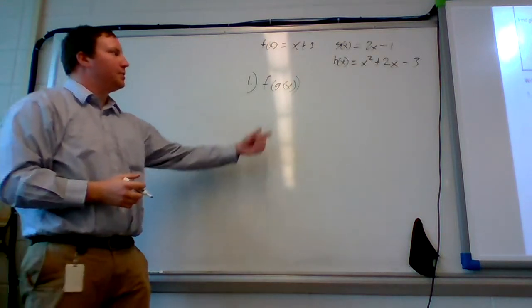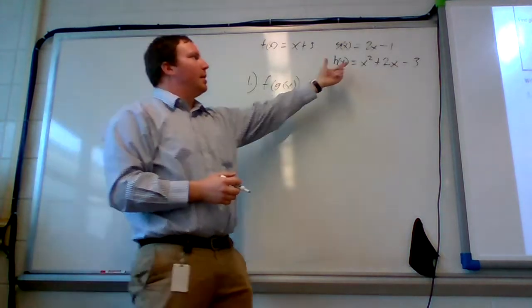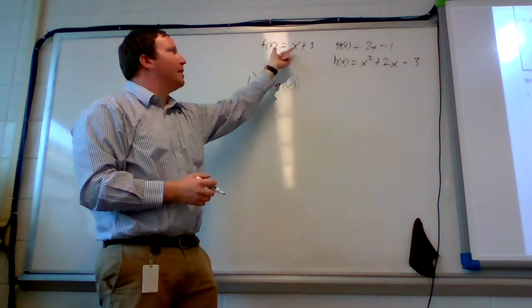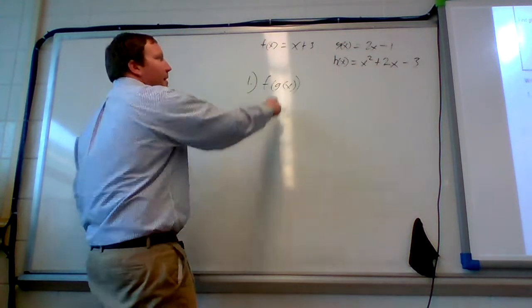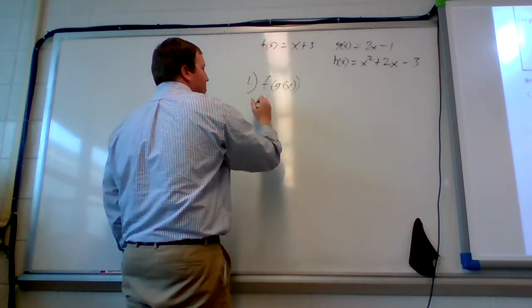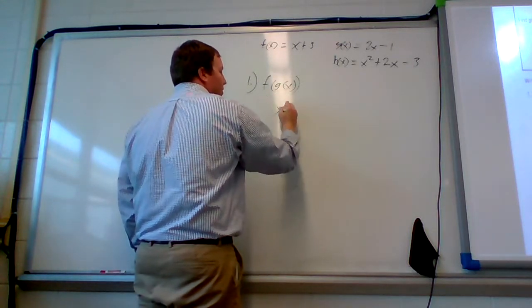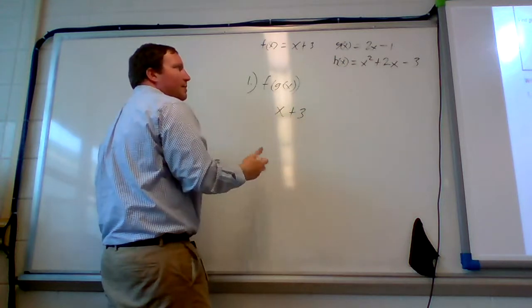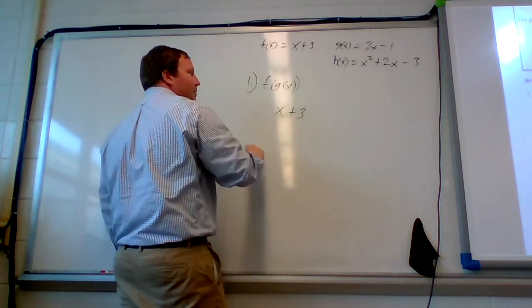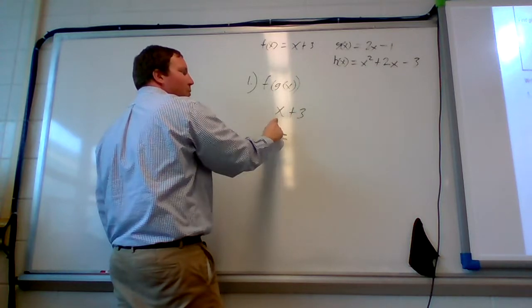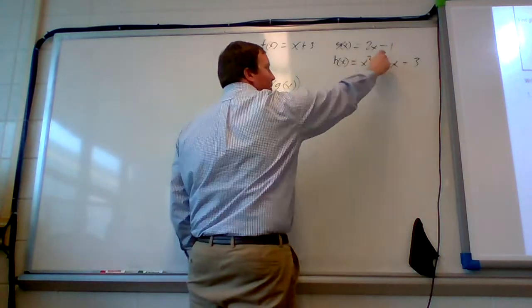So we're taking the function of g of x, and we're going to plug it into the function of f of x. So again, the function of f of x is just x plus 3. And we're going to take the function of g of x, and plug it in for this x value. So when we plug in g of x, we're replacing this x value, function of g.